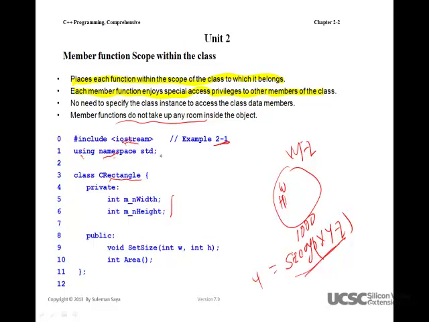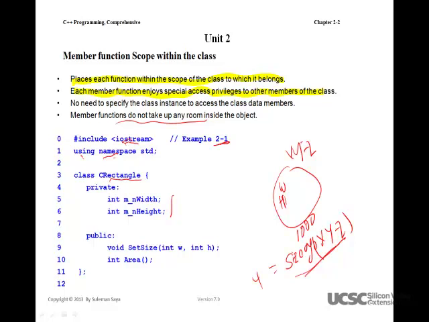I declare this so I don't have to repeat std with the scope resolution operator every place where I use a cout object or cin object.